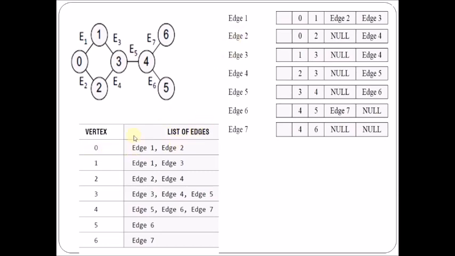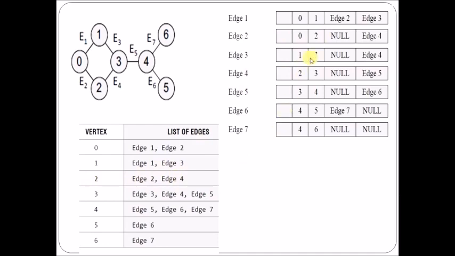For vertex 1, it is reflected in edge 1 and edge 3, that is on the source side. So I have written here edge 1 and edge 3. Node 2 is reflected in edge 2 and edge 4, so I have written that here.